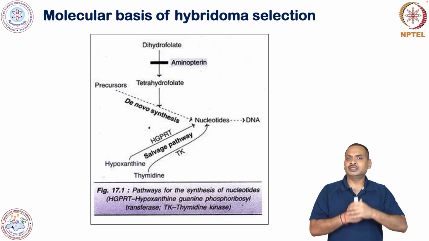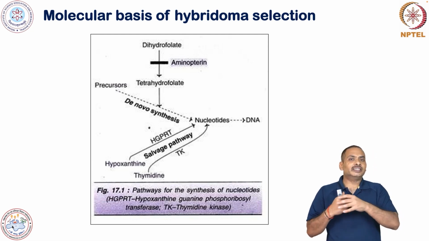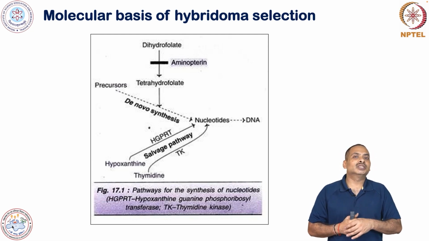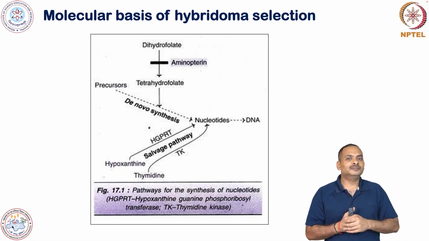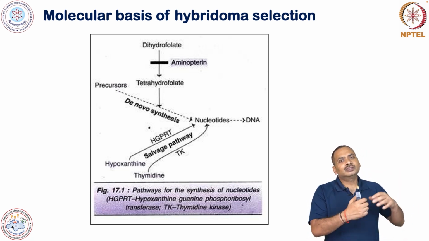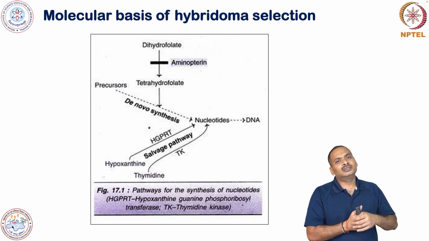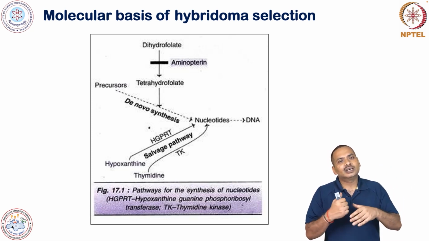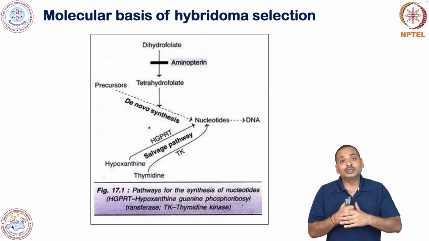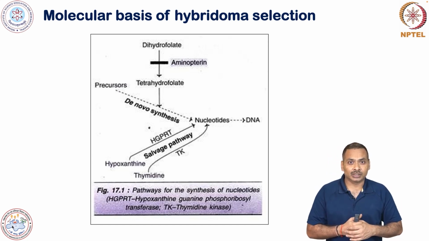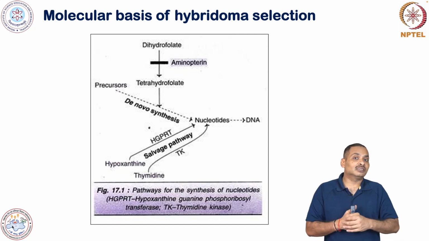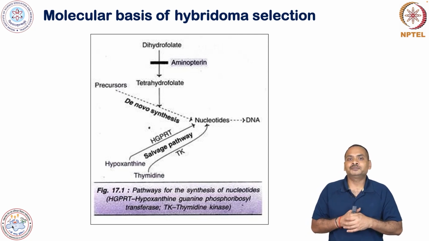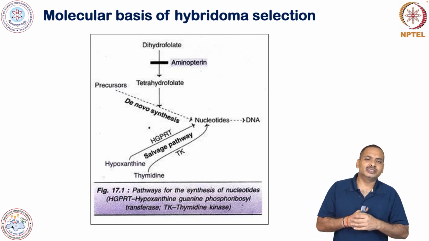This is the de novo pathway. In case of the salvage pathway, you know that these cells keep on dying. In the salvage pathway, this broken DNA or broken bases or nucleosides and nucleotides are used in order to make a new DNA molecule. You remember that there is a semi-conservative method for DNA replication, right? Anyway, don't go into that detail.